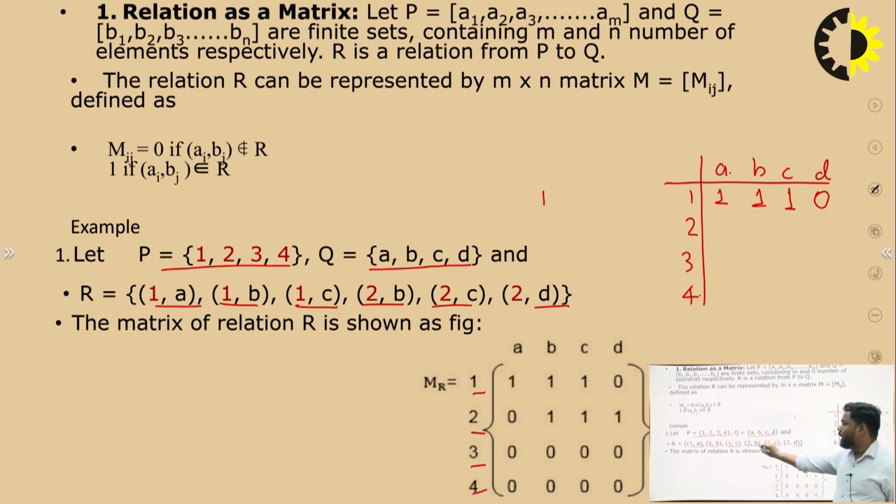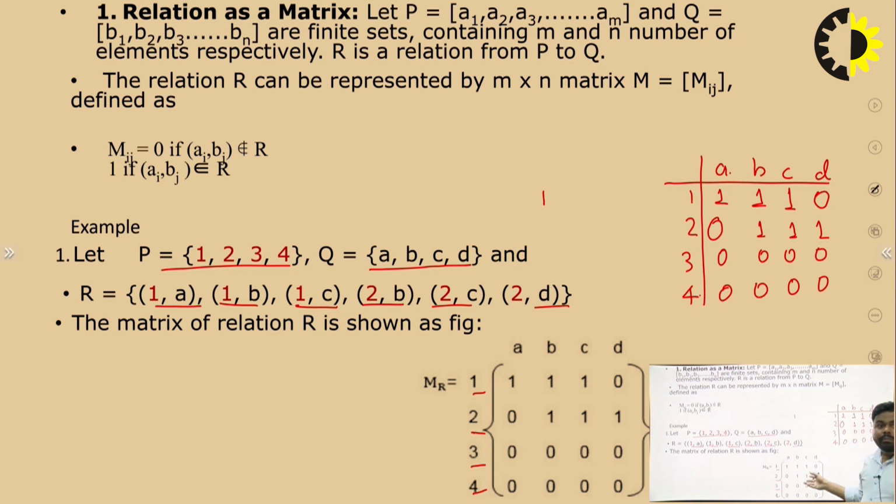For 2A, no; 2B, yes; 2C, yes; and 2D, yes. Nothing is given for 3 and 4, so they are marked 0 for all. The matrix is 0 1 1 1, 0 0 1 1, 1 0 0 0, 0 0 0 0 as I have made over here, you can match it. This is the way to represent our relation as a matrix.